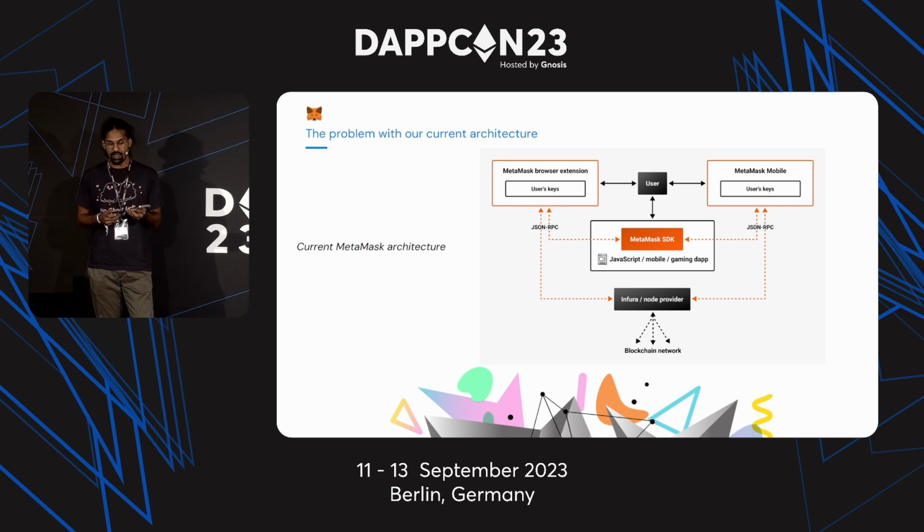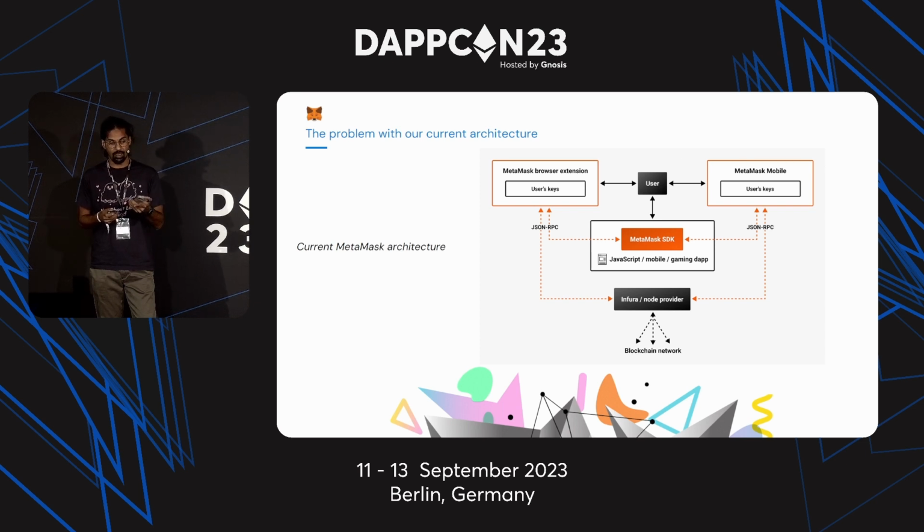So what this means is that if we're only dealing with Infura, it makes it difficult to do transactions on non-EVM networks. We've been traditionally an Ethereum wallet and now an EVM wallet, but we can't move past that if we have this architecture.